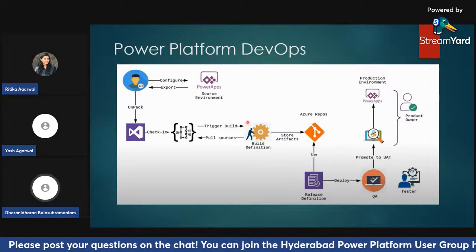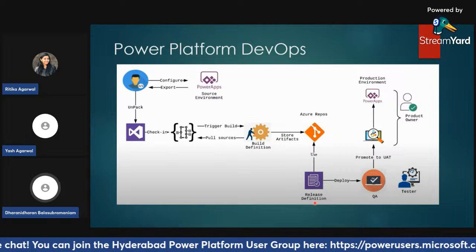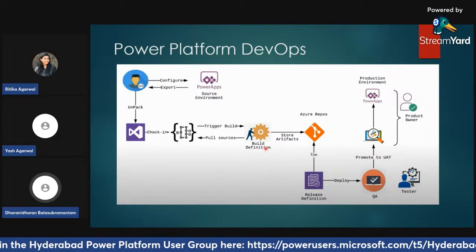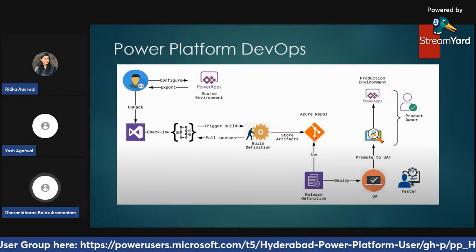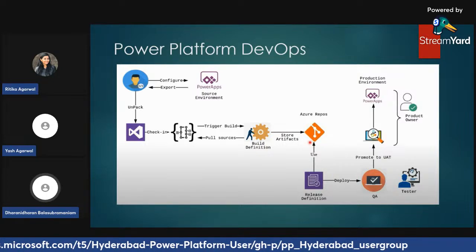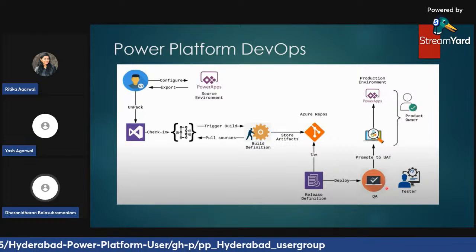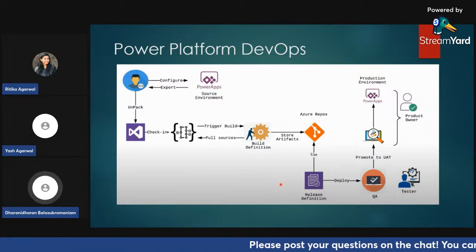Once the build definition gets completed, the release definition can automatically trigger based on the build definition succeeding, and the release definition can pick the solution which is there in the artifacts, connect to the QA environment, and deploy the solution. You can configure multiple stages in the release definition, and you will also get an option to enable approvals.